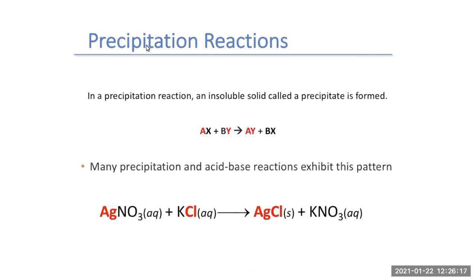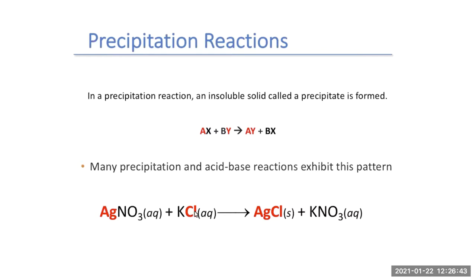And looking first at the precipitation reactions. Precipitation reactions and double displacement in general follow kind of this outline for how the reaction occurs. You have AX plus BY, and then they'll switch partners, give you AY plus BX. So if we recall our solubility rules, we can predict which of the products are going to be a solid and which one's going to be aqueous.